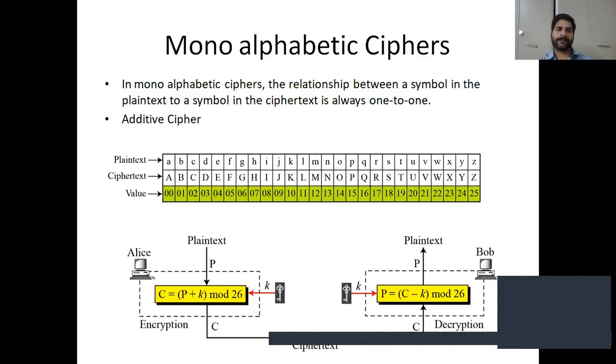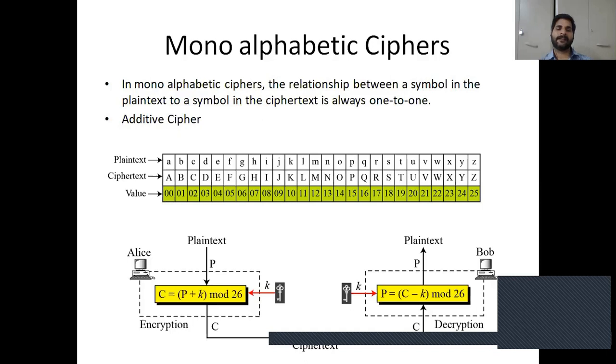Now suppose Alice wants to send a communication message to Bob. Using the monoalphabetic substitution cipher, we encrypt the message, the plain text, with the help of a key.